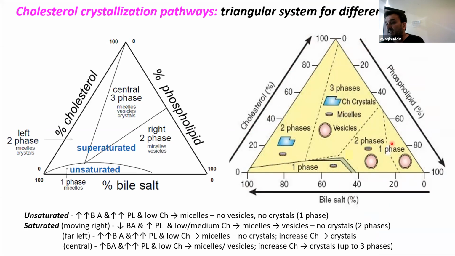If you have more phospholipid and less bile salts and less cholesterol, you would have more vesicle formation. In this place where you have more cholesterol, less bile salts, and less phospholipid, you have more crystallization and more stone formation. And if you go to this level where you have more bile salts and less cholesterol, you would have more vesicle formation.